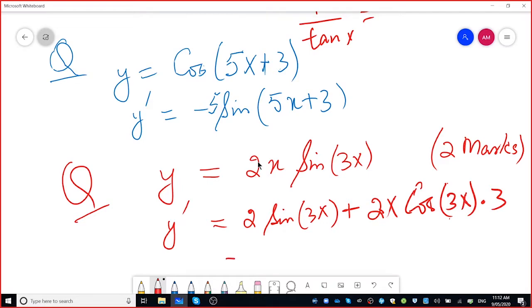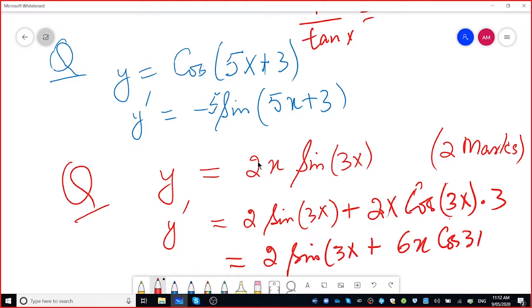So this would become 2 sine 3x plus 6x cos 3x. Yeah, so that's your answer also.